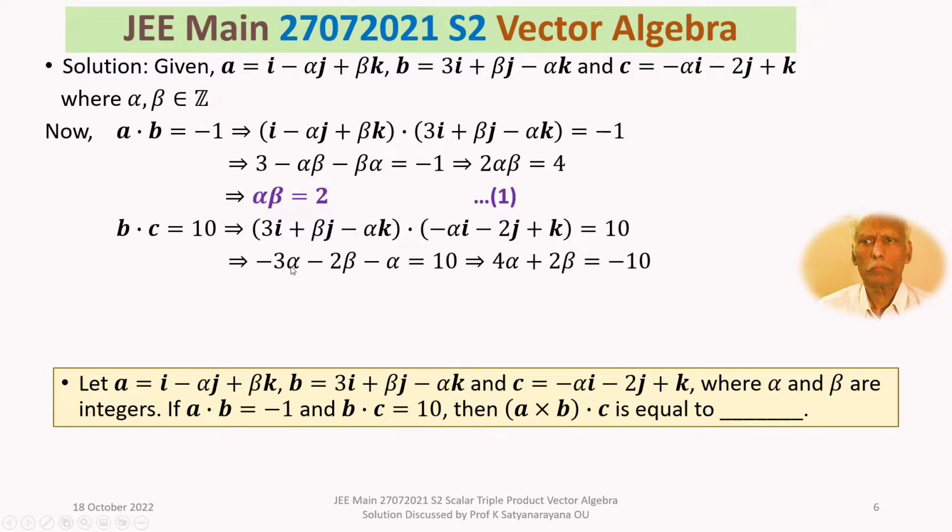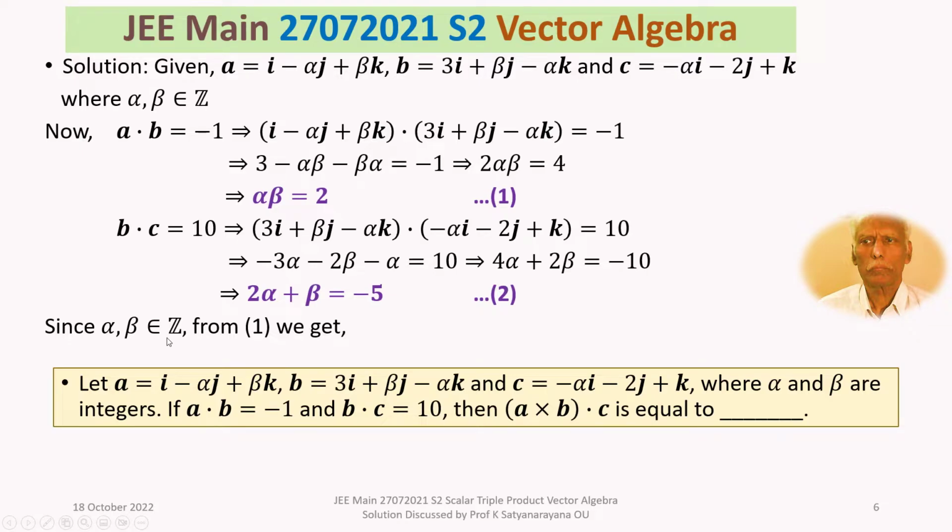That gives 3 alpha plus alpha, 4 alpha plus 2 beta, is equal to minus 10. Cancel off 2 on both sides, and you get 2 alpha plus beta is equal to minus 5. That is equation 2.